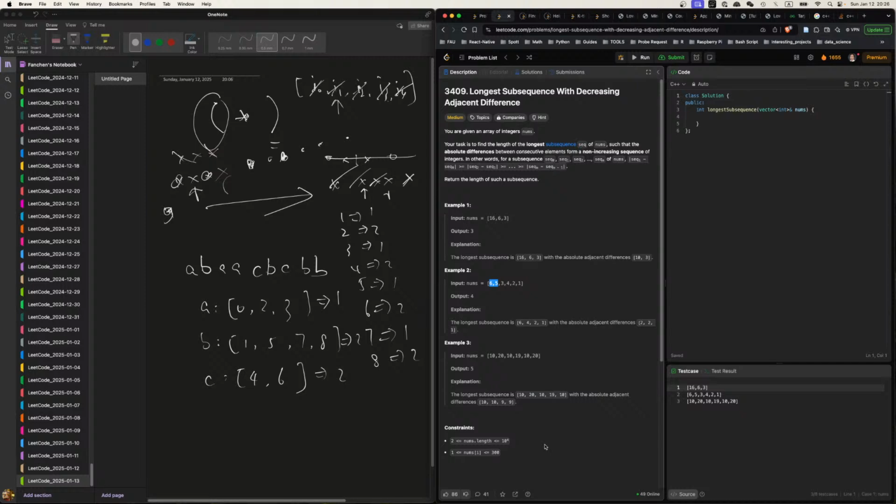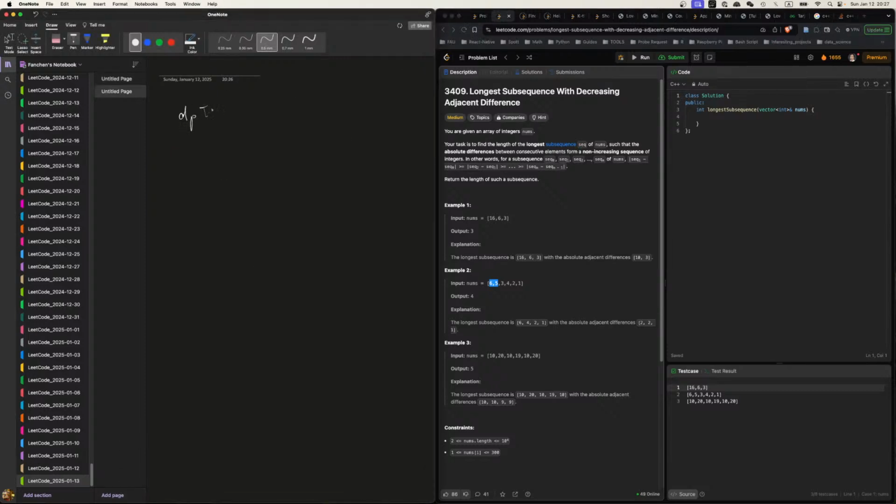We can say the longest subsequence in range 0 to i, with the last absolute difference at some value. And the difference could be from 0 all the way to 299. So we can call it DP[i][j].